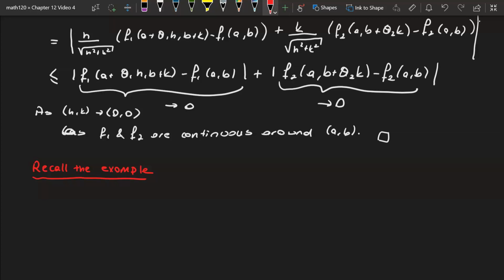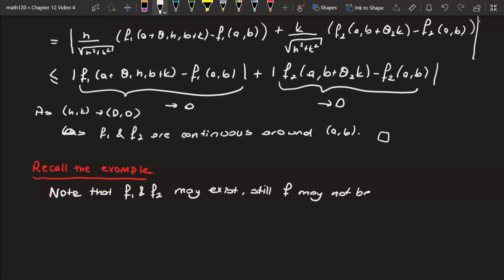Note that f1 and f2 may exist, but still f may not be differentiable, even it may not be continuous at AB.